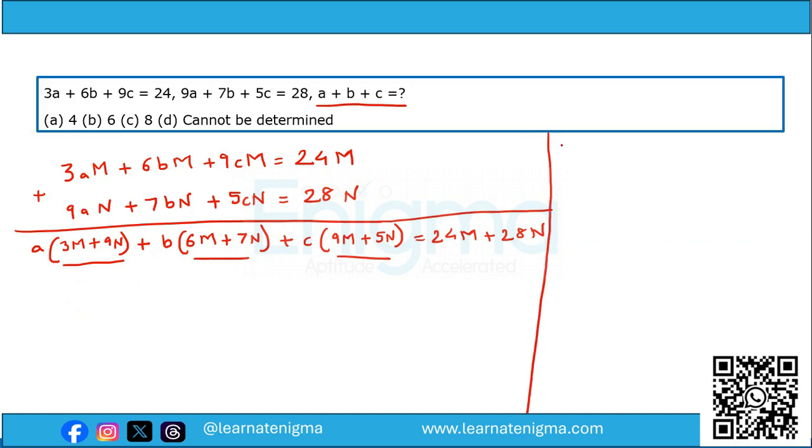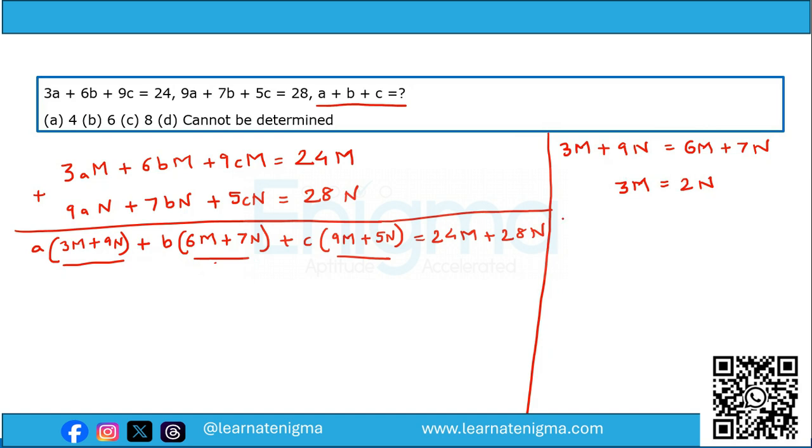So 3m + 9n, that is the coefficient of a, we are equating it with 6m + 7n, that is the coefficient of b. So bringing all m on one side and n on the other side, you have here 3m is equal to 2n.